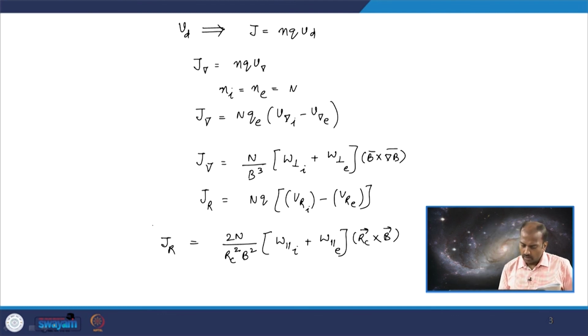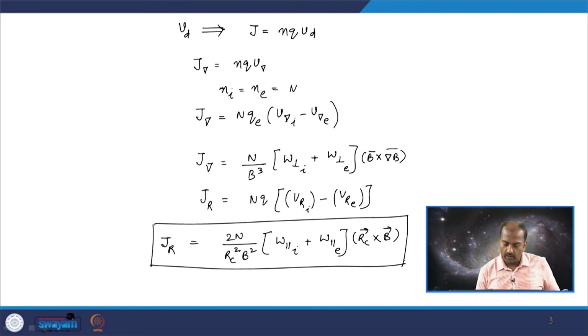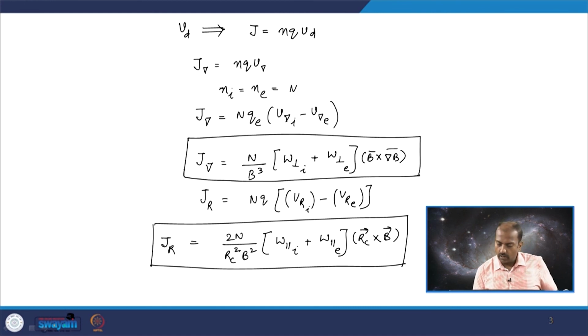This is J R. This is the current density due to the curvature drift, and this is the current density due to the gradient drift.